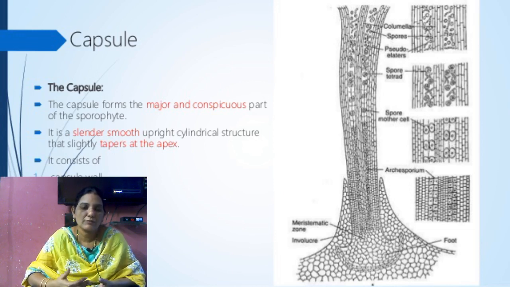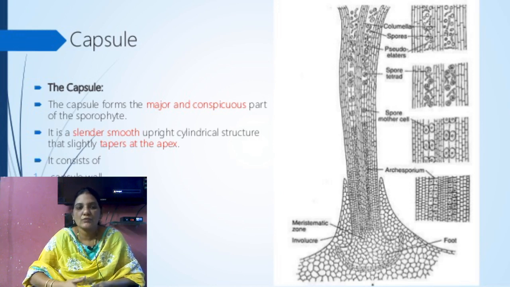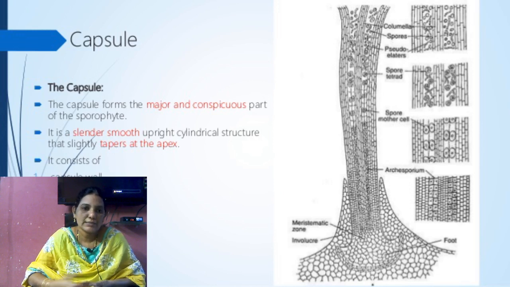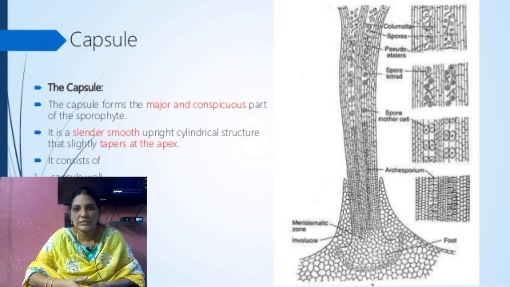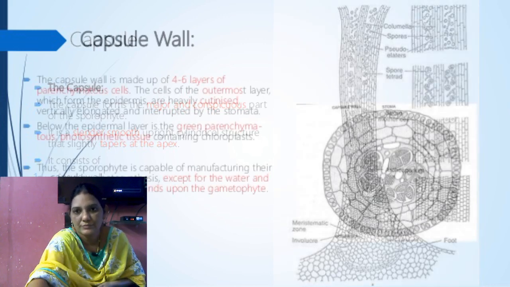The remaining spore mother cells are fertile mother cells. These fertile mother cells are in the diploid stage, so they undergo meiosis division, and they divide into 4 haploid cells. This stage is called the tetraspore stage.